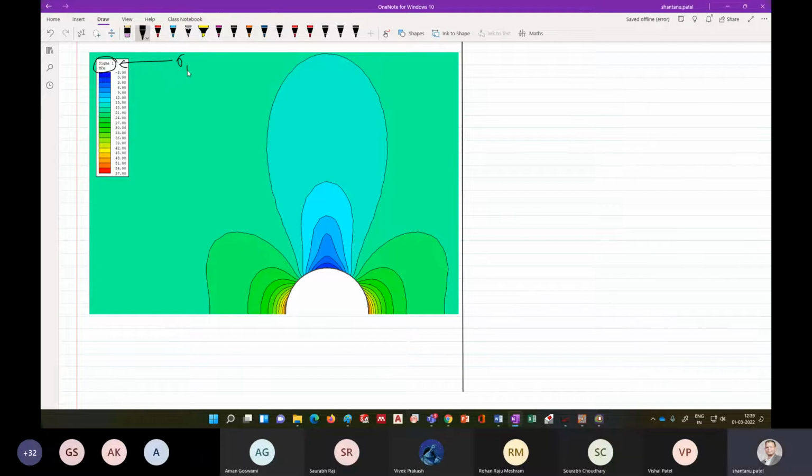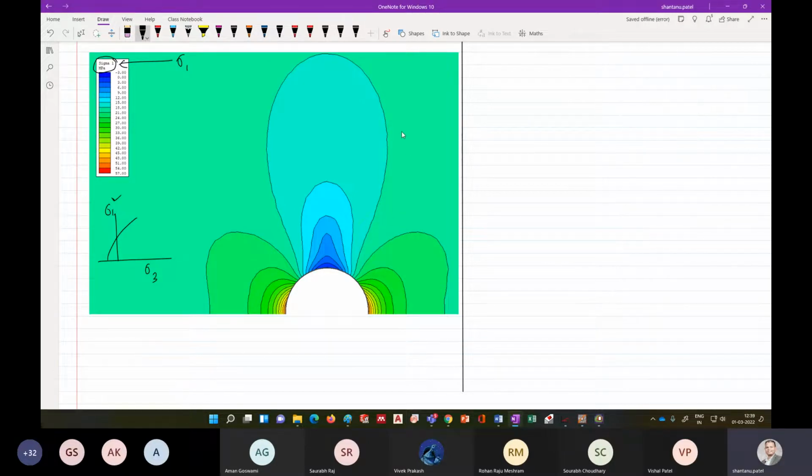So these are the sigma 1 values. We already know our sigma 1 and principal stresses, right? In our Hoek-Brown failure criterion, we plot our sigma 1 and this is sigma 3. So this sigma 1 is the one we are talking about here.